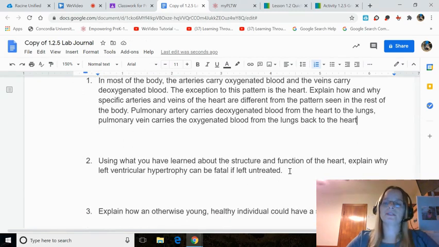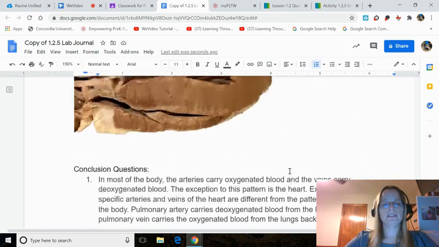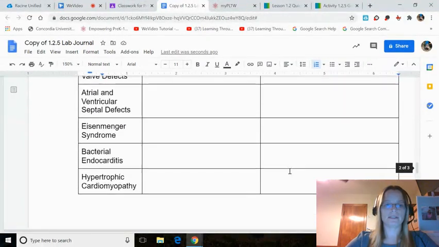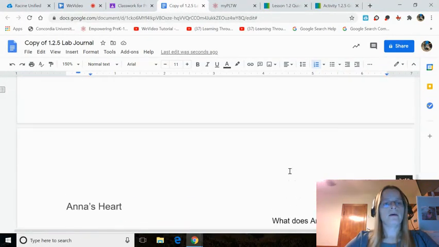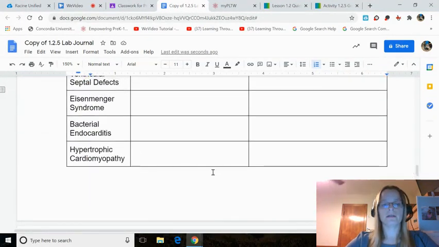Using what you have learned about the structure and function of the heart, explain why left ventricular hypertrophy can be fatal if left untreated. Okay, so if you filled this in, I think that's one of the things you had to look up. Maybe not. Oh, yeah, hypertrophic cardiomyopathy.